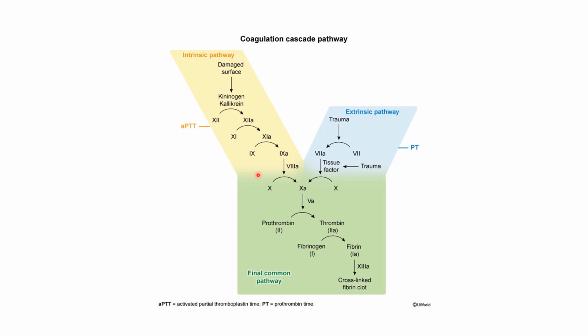If it's longer, it's never really shorter, then we can tell, hey, this isn't working so fast. What's going on? There's probably too little. The PT is usually about 15 seconds, and the APTT is about 30 in general. They both converge on factor 10, get 10A, and then get thrombin, fibrin clot.